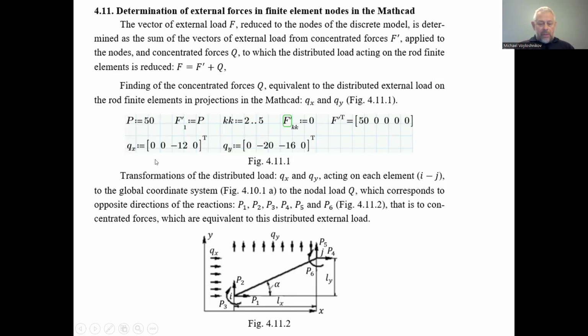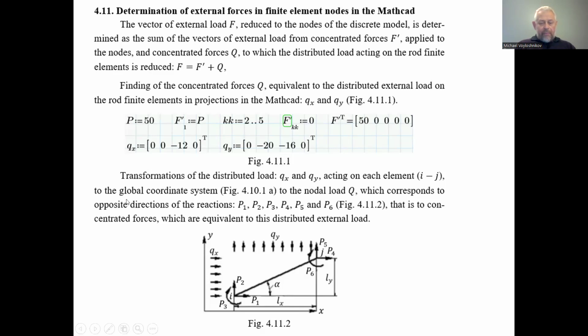Yes, and next we have to specify the vectors of the distributed load over the finite elements of the discrete model of the statically indefinable frame.